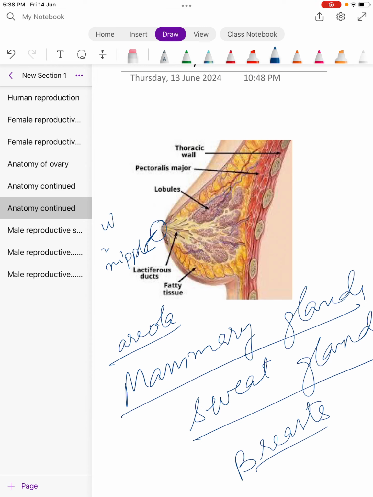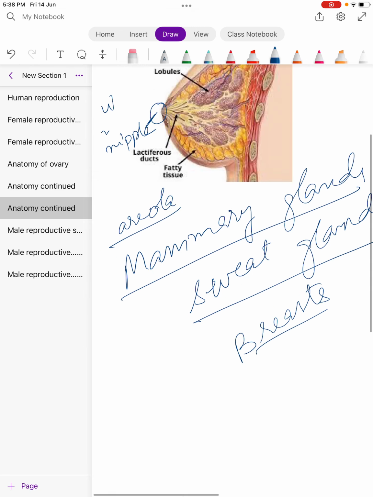The latter lead into the mammary tubules, and mammary tubules open into the mammary duct. A mammary duct leads through a wider tube, known as ampulla, which then opens into the lactiferous duct. ये सारी चीज़ को हम समझ लेते हैं कैसे होता है.